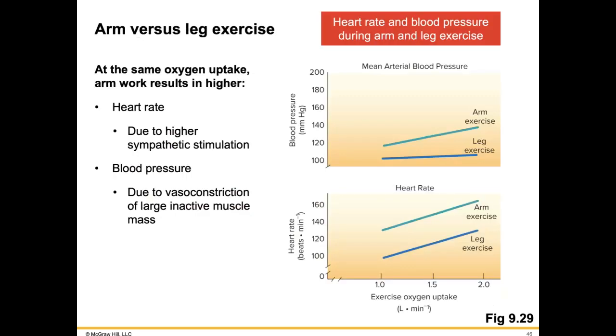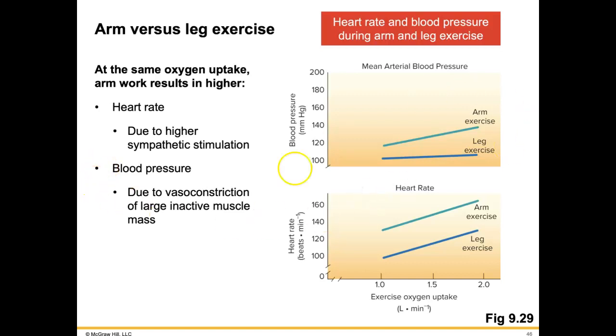Speaking of increasing intensity, we also see that with a difference within arm versus leg exercises. It seems that when we do our arm exercise, our body is experiencing more intensity because we see an increase in heart rate and blood pressure when it comes to arm exercises versus the leg exercises.